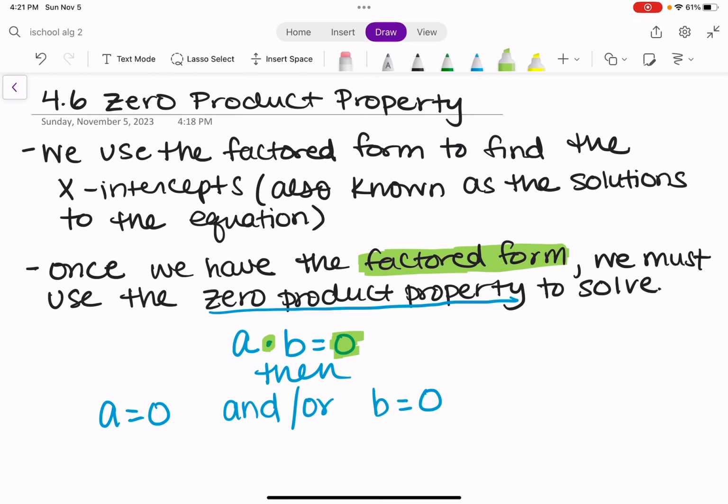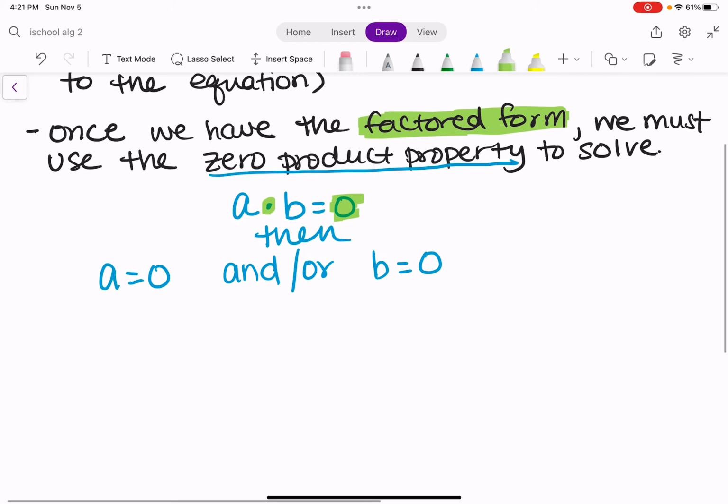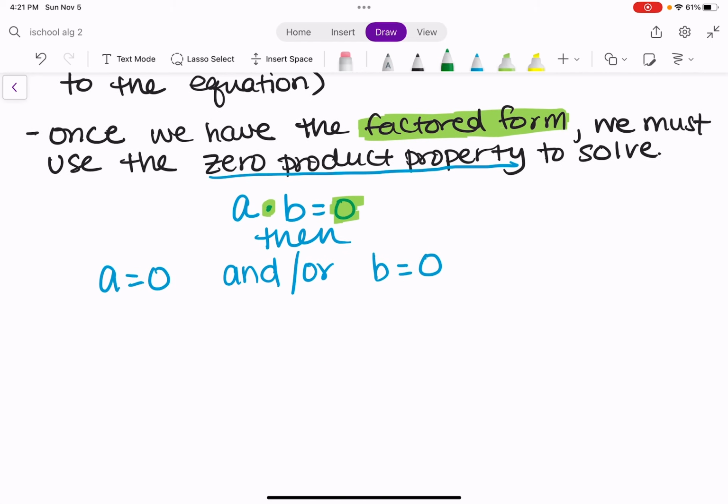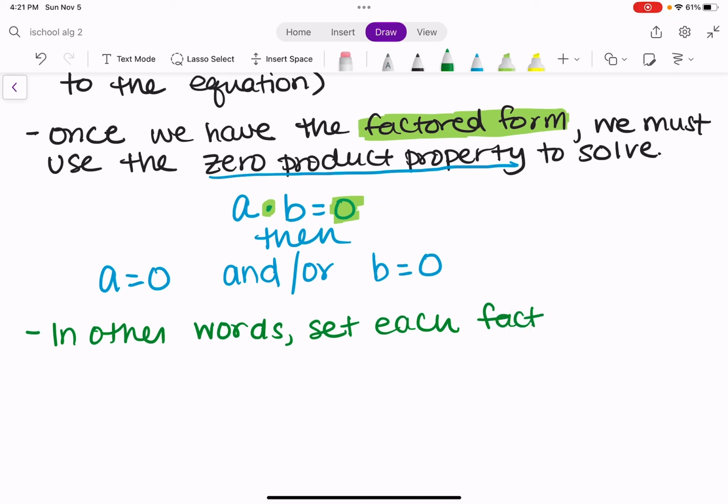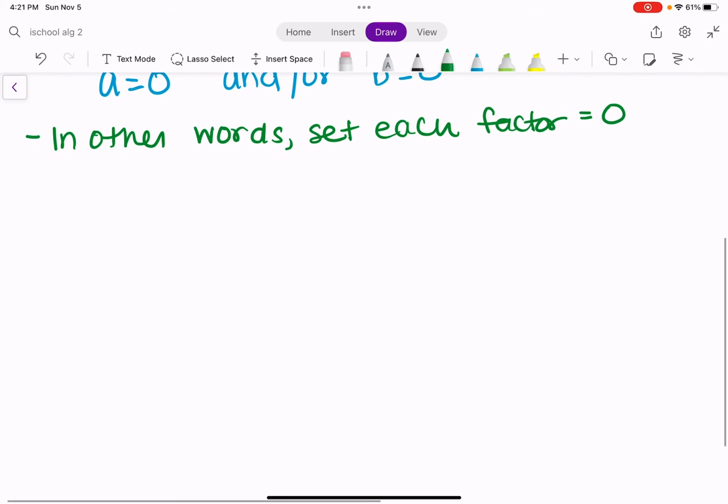Because to get 0, you do something times 0, okay? And so in other words, set each factor equal to 0, okay? So we're gonna do a couple examples of just setting things equal to 0.